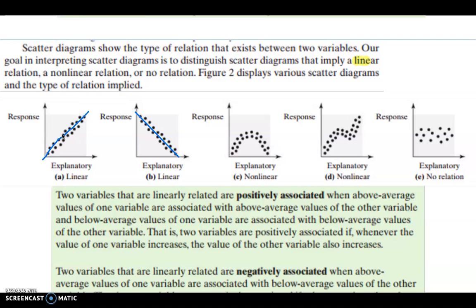And that's a look at linear. Now you could have something that's nonlinear, so you have this thing that's more parabolic, or you could have something nonlinear that's cubic, but they could definitely look like they're following some kind of trend or pattern that we could model. And then you have no relation, where they're just scattered all over. There's no rhyme or reason to what's going on.